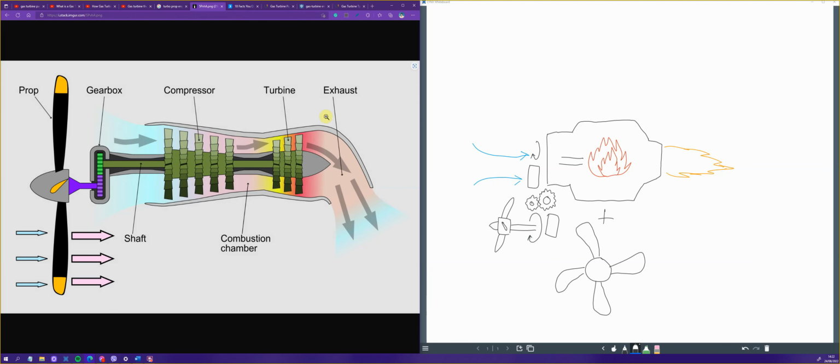Yan. So, ganito yung turboprop. O, diba? Konti na lang pinagkaiba doon sa drawing ko, no? So, ito yung gearbox. Ayan yung gearbox niya.